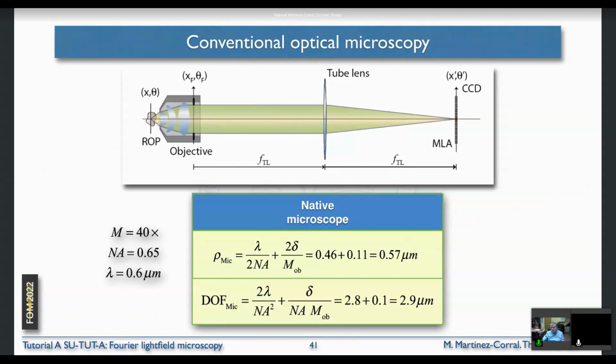Now we have a better spatial resolution, and of course shorter depth of field, because, you know, the better the resolution, the shorter the depth of field. You can see that in a conventional microscope, the main impact over resolution and depth of field is given by diffraction. There is a small influence due to the pixelation, but diffraction is the one that governs.